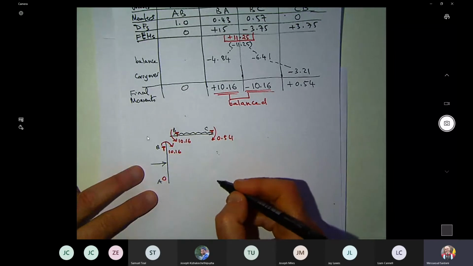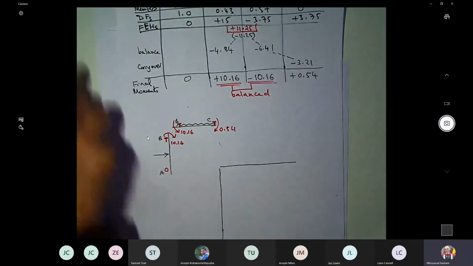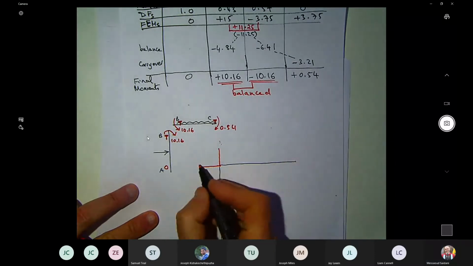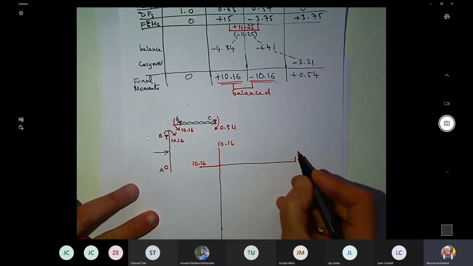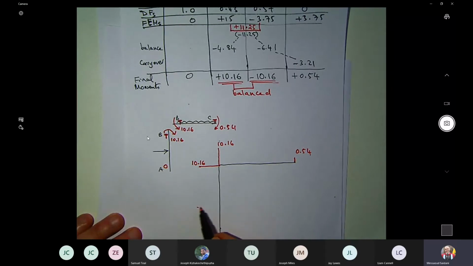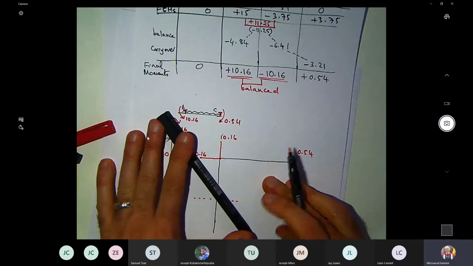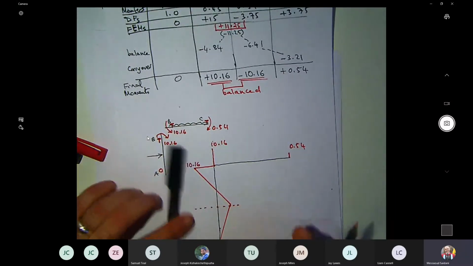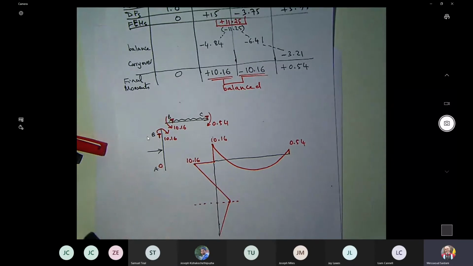Now I can draw the bending moment diagram here. And that's the bending moment diagram, okay?